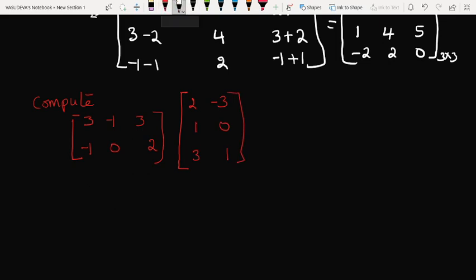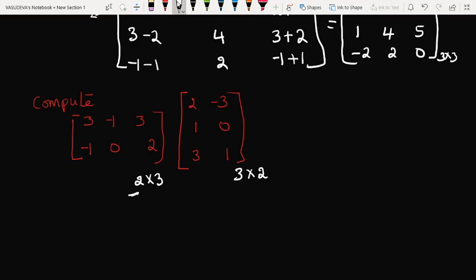Now the first matrix is of order 2 rows and 3 columns. The second matrix is of order 3 rows and 2 columns. So naturally, what is the order of the product of these two matrices?